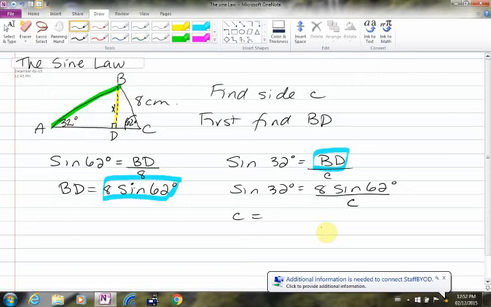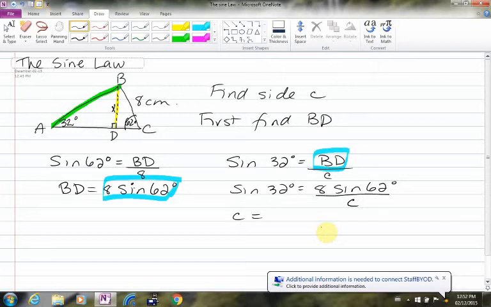What am I flipping? No, actually, never mind. That's not a good idea. You could put it so that it's a number over C. Okay, well, let's leave it as BD over C then, if my long equation's messing you up.